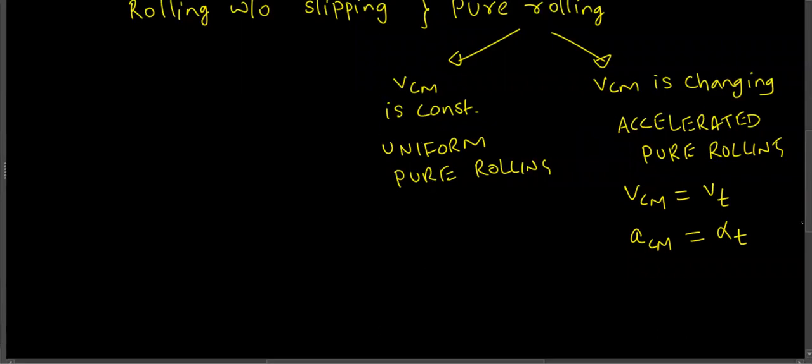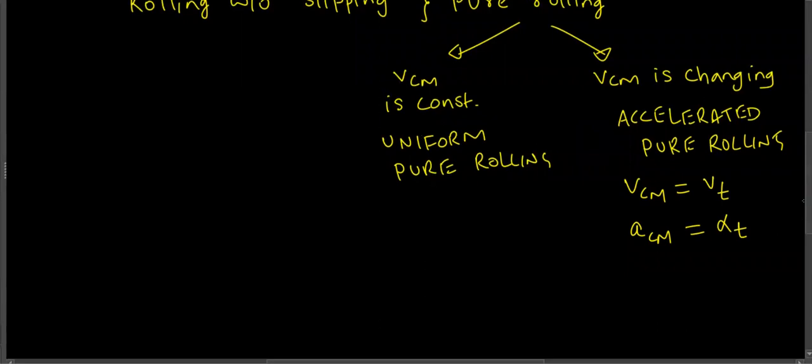Now, let's talk about uniform pure rolling for a while. I'm still looking at this disk example.